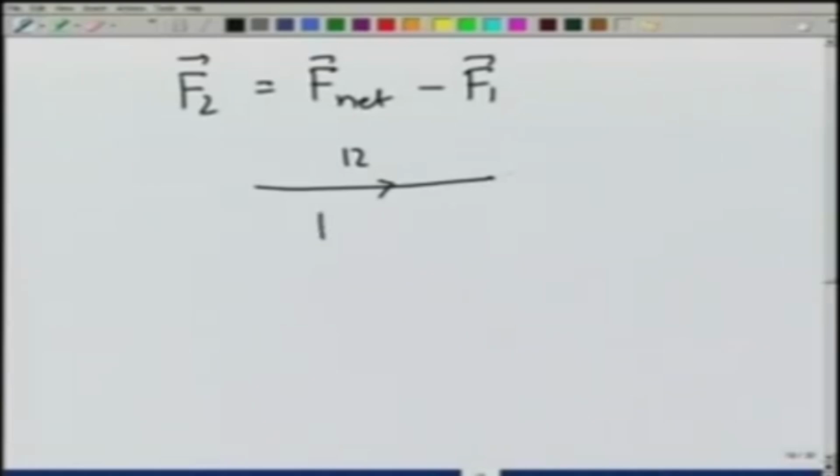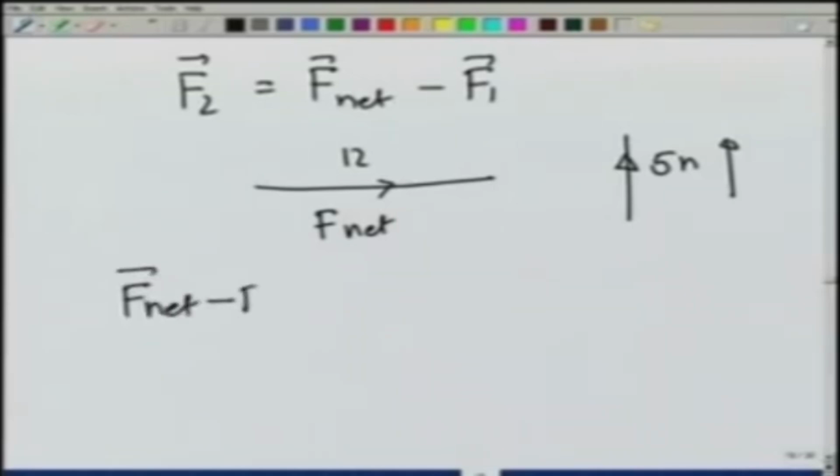F 1 is 5 newtons to the north, and therefore, F net minus F 1 will make going to the south, and this would give me F 2.